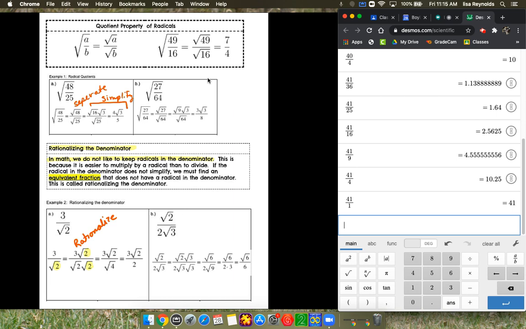After we rationalize, we multiply. So 3 square root of 2 and the square root of 2 times the square root of 2 is 4. And then we simplify. So we rationalize by multiplying by the radical in the denominator. Then we multiply. And then we simplify.